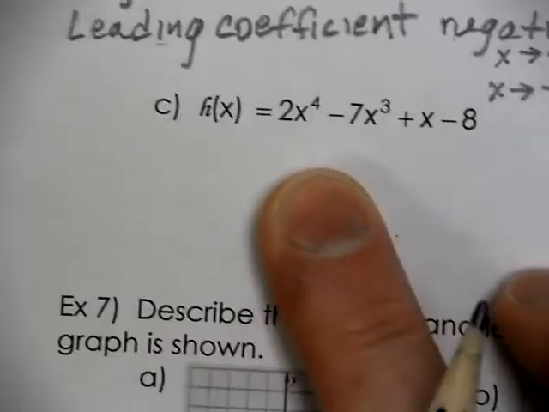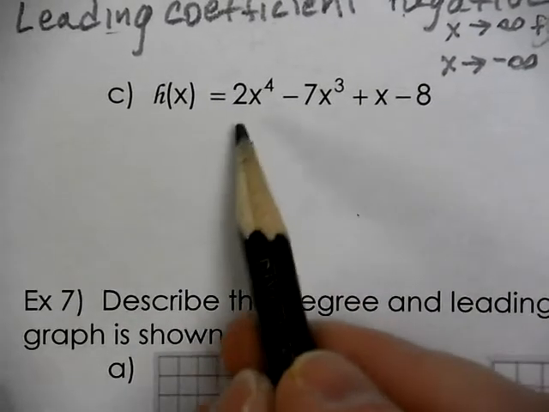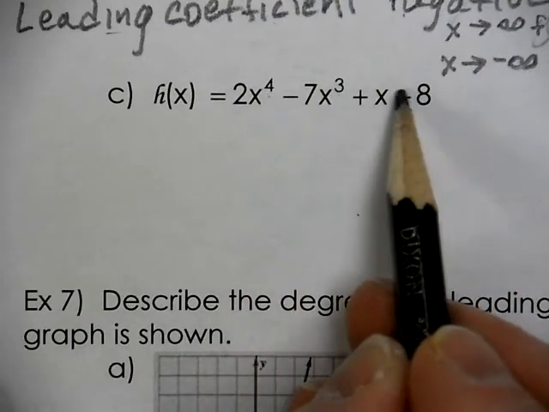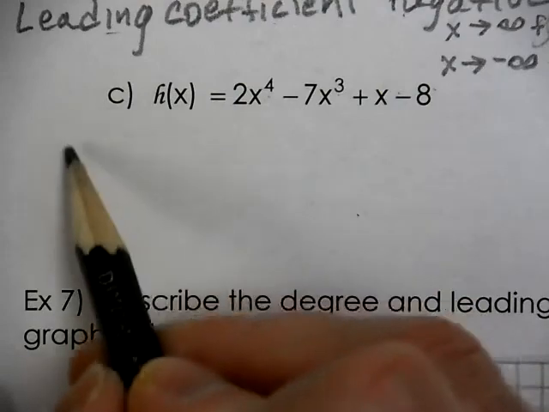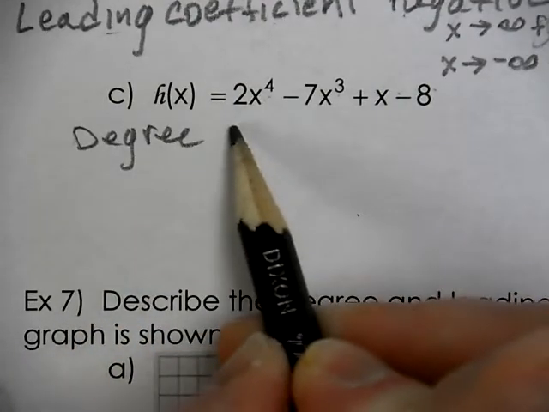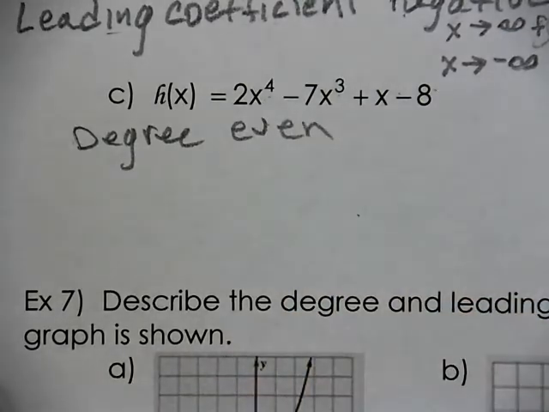Let's take a look at this one. This one has a leading, the largest degree is 4. So the degree is even. That's really the only thing we care about. We could call that a quartic.